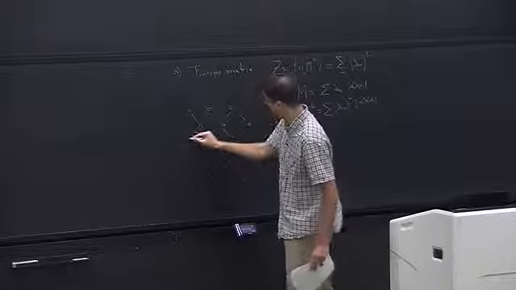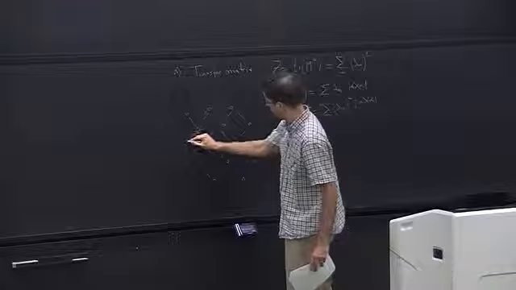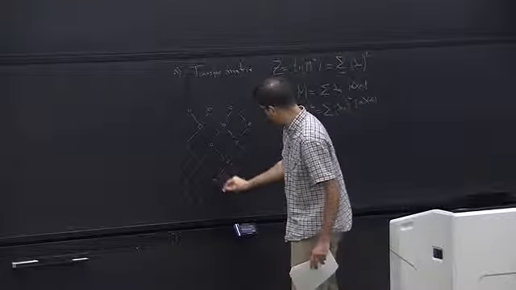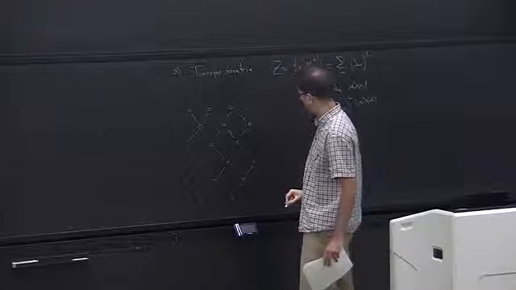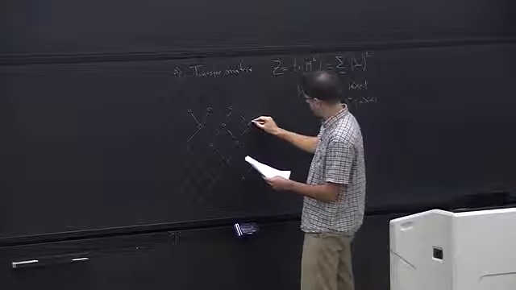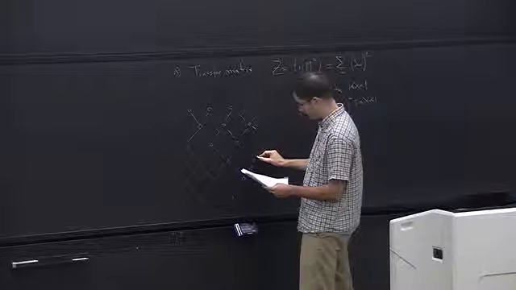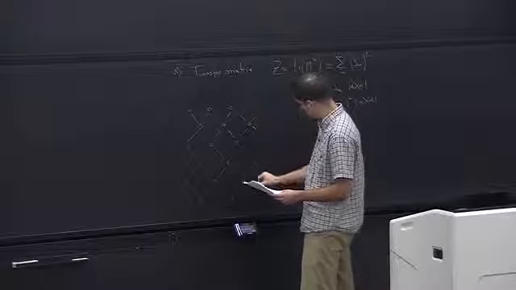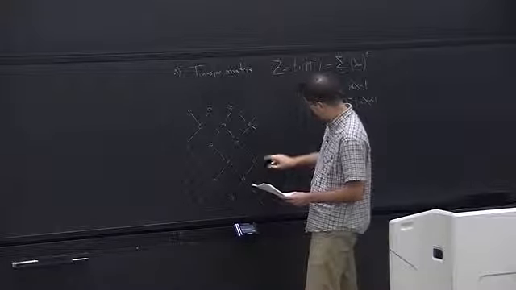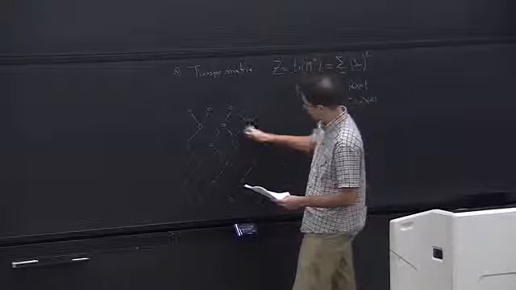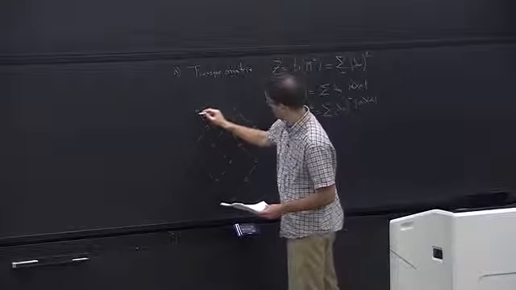Right? Each line denotes a nearest neighbor pair. Okay, and then I have some form of periodic boundary conditions, which means that this one is nearest neighbor with this one, and so on.